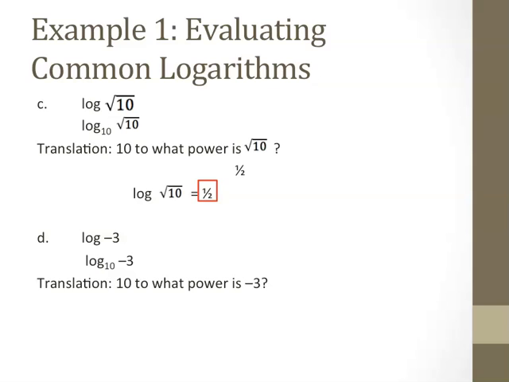Now, if you remember with the exponential function, remember how the y value never went below the x-axis, right? It was always positive. So how would you answer this? 10 to what power is -3? Well, it can't ever equal a negative number. So if that's the case, then there is no solution. So you can say that log base 10 of -3 is undefined.